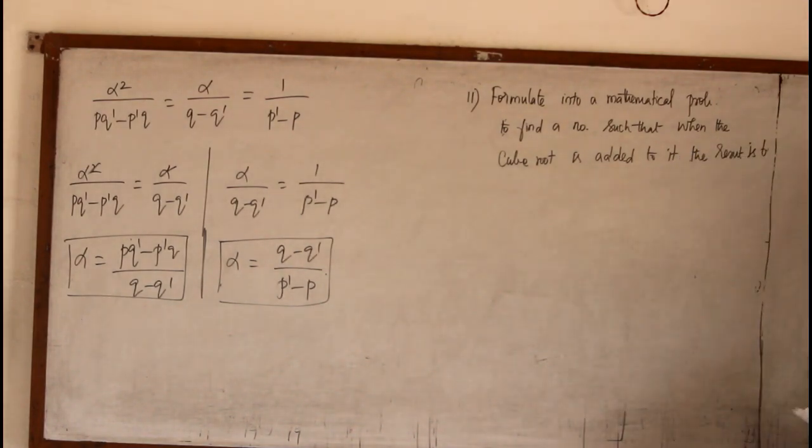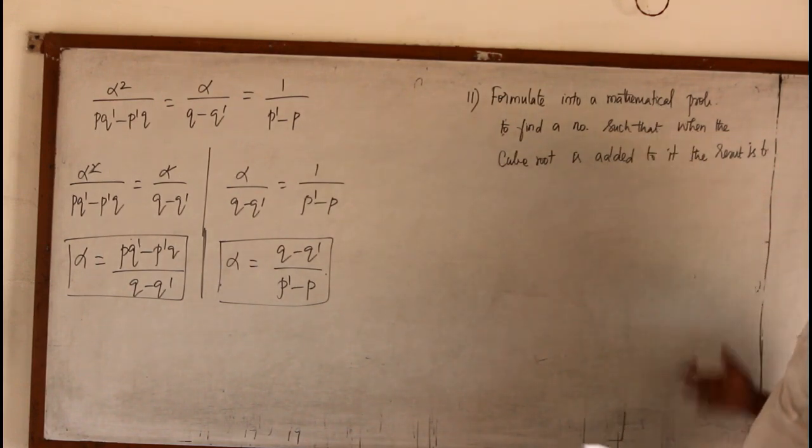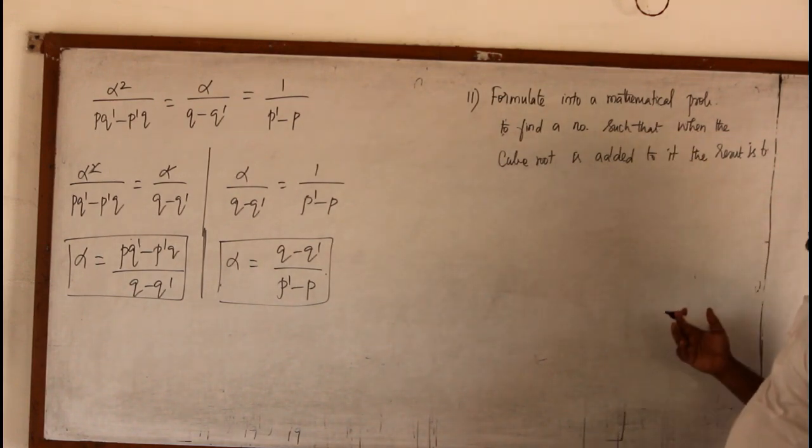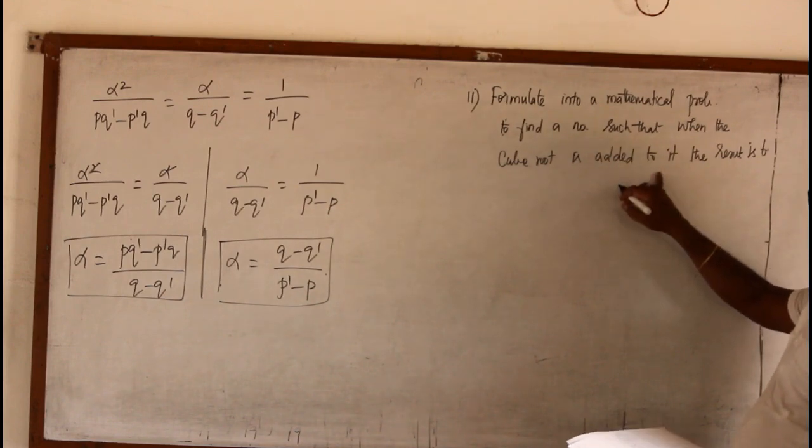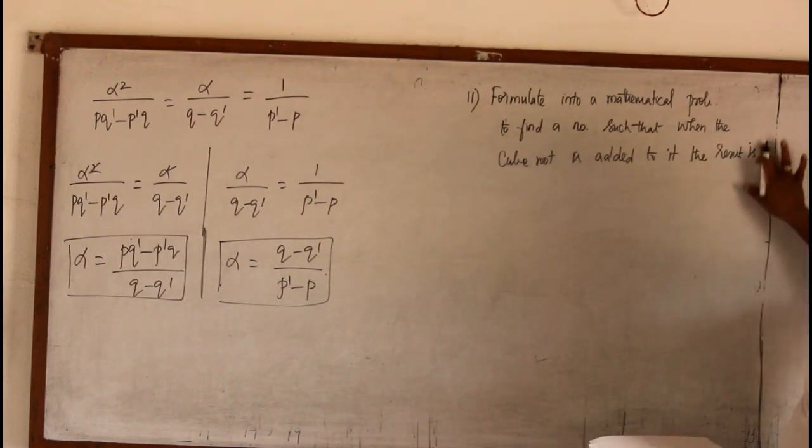Just here to formulate a mathematical problem, that means I need an equation, which is given as: when the cube root of a number is added to itself, then the result is 6.